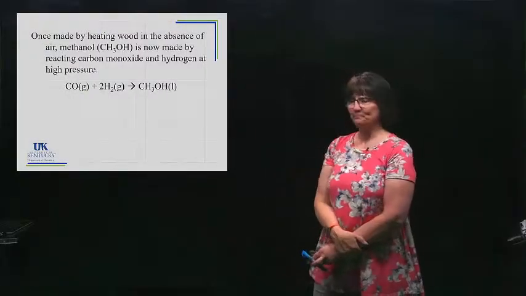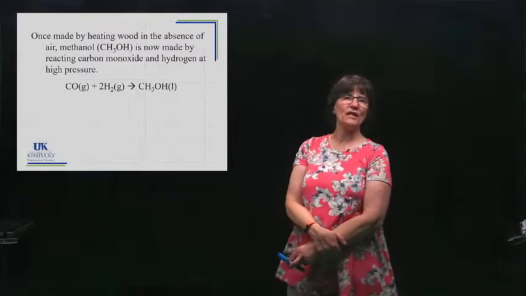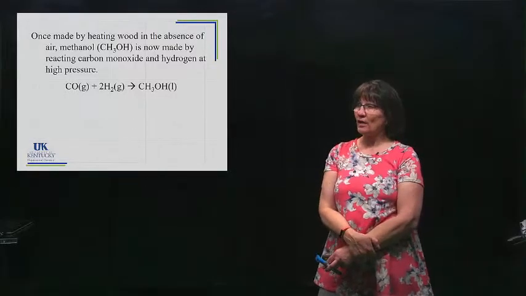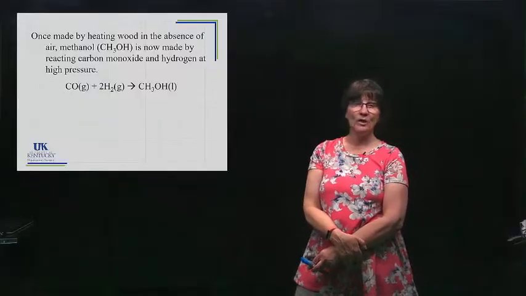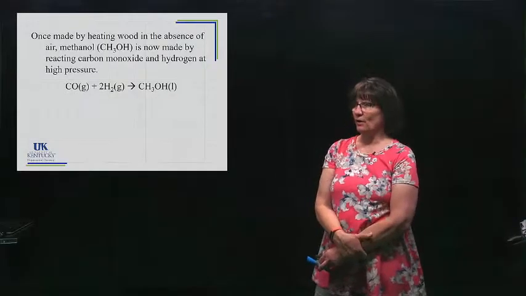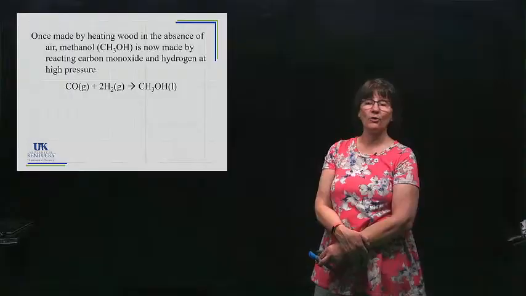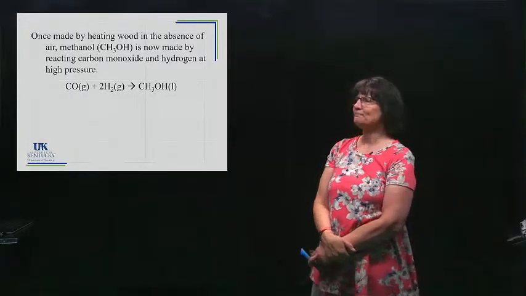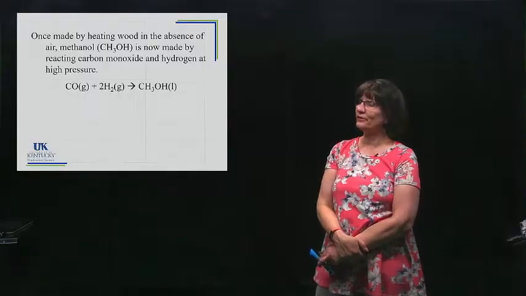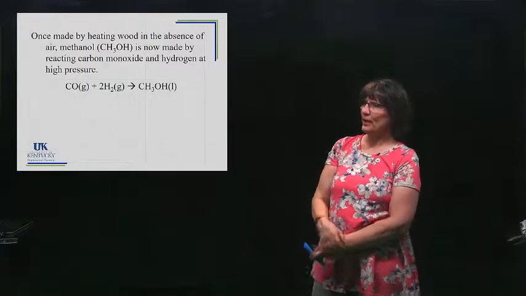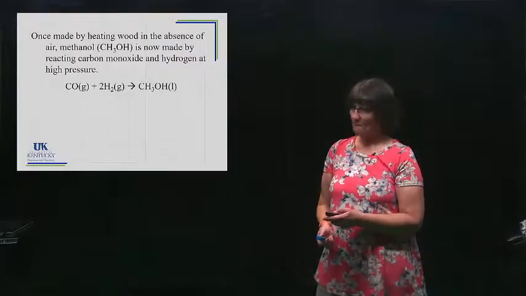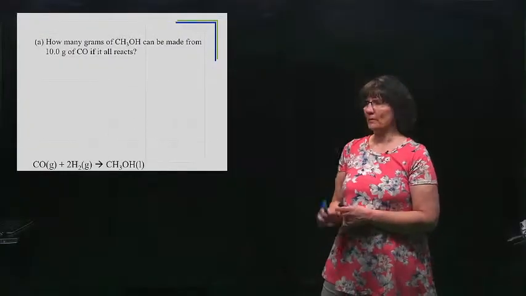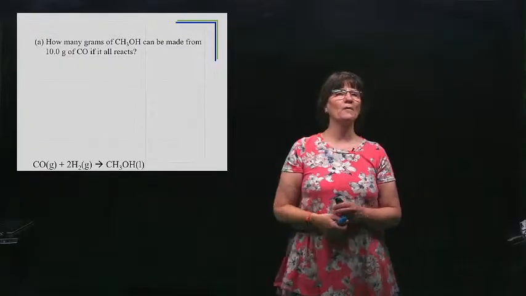In this problem, we're talking about this reaction you see here. You take carbon monoxide, you react it with hydrogen, and you can produce methanol. Okay, that's not a hard reaction. Now, carbon monoxide is a very poisonous gas, so you wouldn't want to do this out in the open air, but that will make our methanol. Now here's the problem, and I've rewritten the reaction at the bottom of the screen.